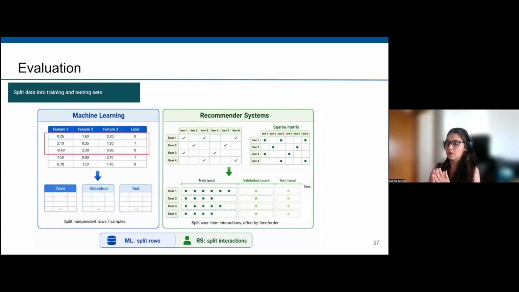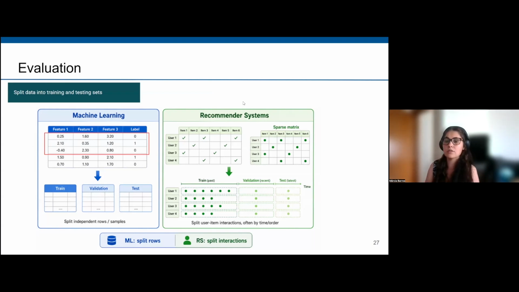But there is a major difference in the split into train and test set between machine learning methods and recommender system methods. In machine learning, it's a split of independent rows. So usually we will split our data set by rows, use this part of the data set to train and use this part to evaluate the model.